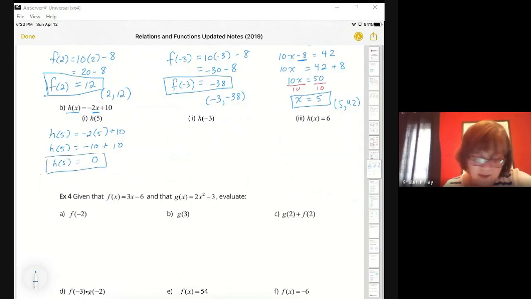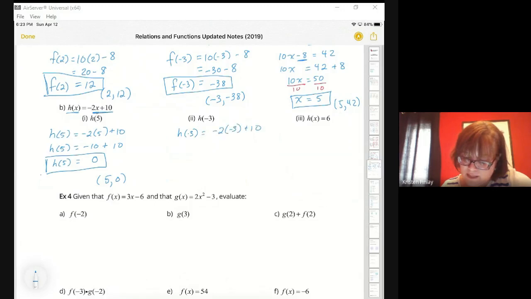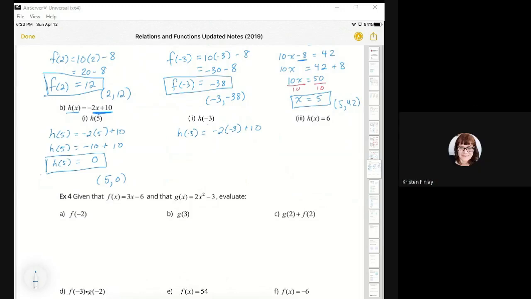Now again, you can write this as an ordered pair. X was 5. My output is 0. And in this case, if we were graphing it, we'd probably call it y. Can do the same thing here. h of negative 3. So negative 2 times negative 3 plus 10. All I'm doing is substituting into our original equation the value of negative 3.